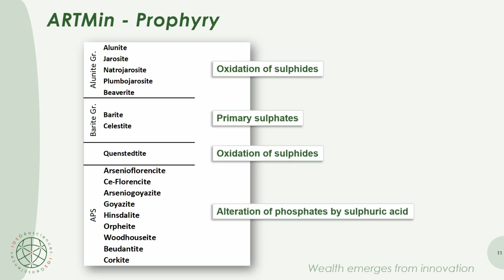So I won't go through all the detail, but that's a sample from the Andes. A whole bunch of APS, aluminum phosphate sulfate, a bunch of weird minerals from alteration. And we were able to come up with, okay, these are from the oxidation of sulfide. The other ones are primary sulfate. Then you have oxidation of sulfide as well, but another type.